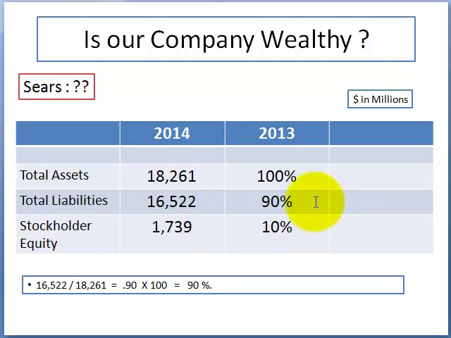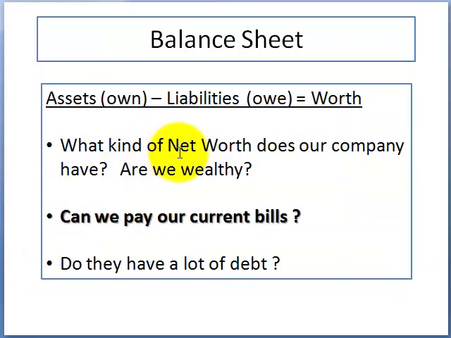Very little of Sears is owned by the stockholders. So, in a sense, somebody else owns most of Sears. Creditors own most of Sears. And again, as a rule of thumb, just like with a mortgage, when this starts to get up over 80%, it's a little concerning. So that answered the first question: what kind of wealth do we have, and are we wealthy?